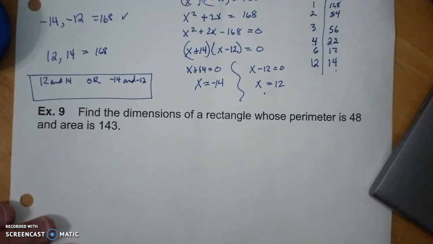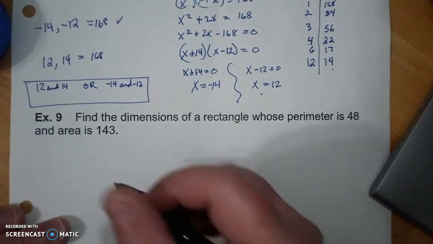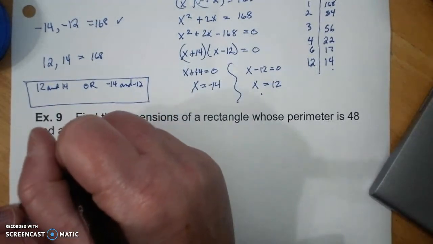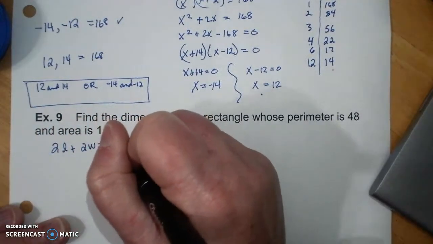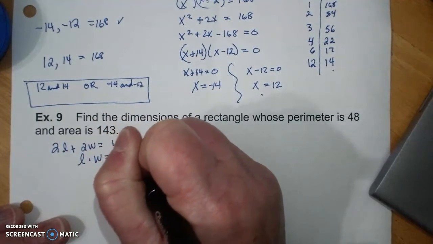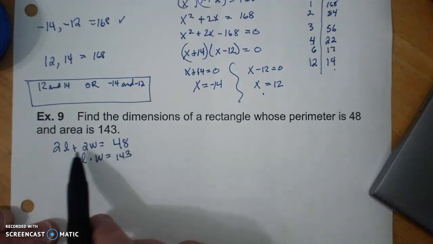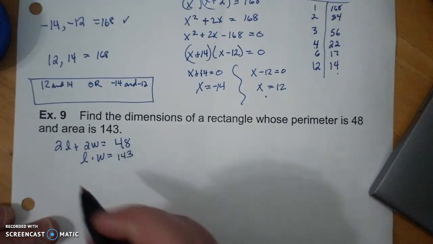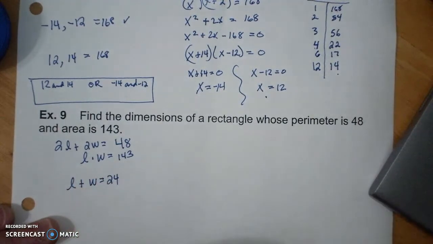Find the dimensions of a rectangle whose perimeter is 48 and area is 143. So 2L plus 2W equals 48. L times W equals 143. I'm going to divide the top by 2 and get L plus W equals 24.